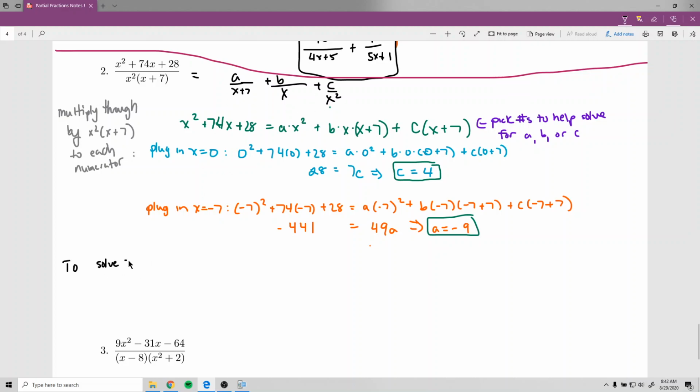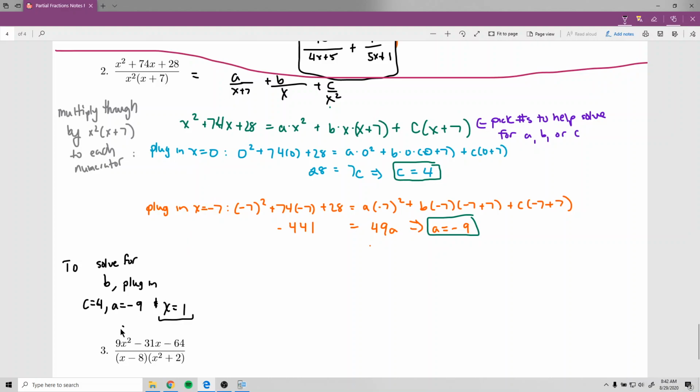To solve for B, what we want to do is plug in C equals 4, A equals negative 9, and any other x value that's not 0 or negative 7. Now, the smart thing is to plug in small numbers that are easy to work with, because you can plug in anything. I would like to plug in 0, but we've already used it, so we can't reuse it.